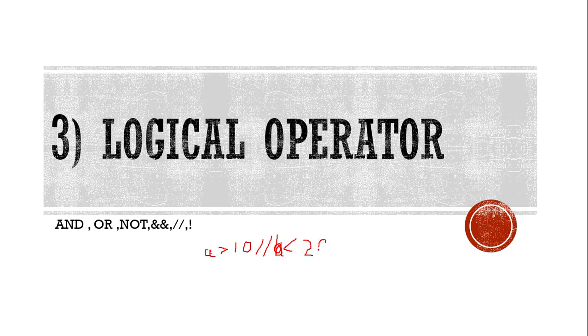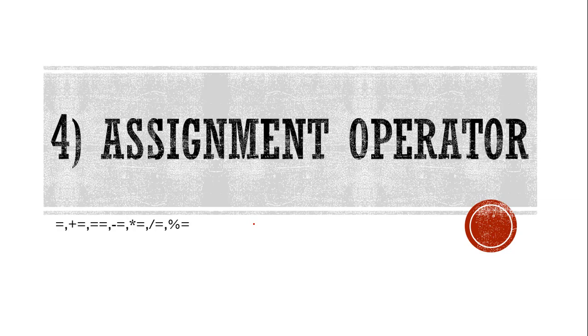So here you write multiple conditions, whether A is greater than 10 or B is less than 20, and then you execute the code. Or here you can also use AND, so if both conditions are true, the result will be true. I hope it is clear to everyone.